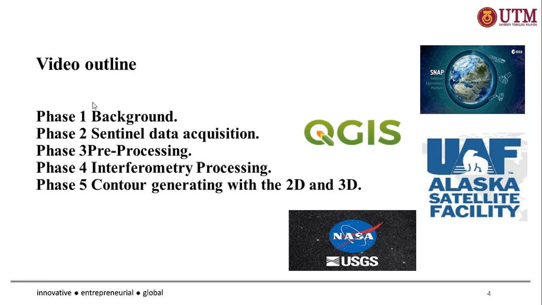The third, we will make a pre-processing for the data. The fourth phase, we will do the interferometry processing by using SNAP software. The fifth phase is we will create a contour line in 2-dimension and 3-dimension by using QGIS software.